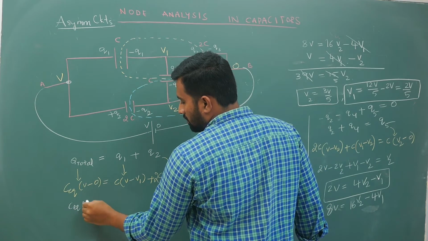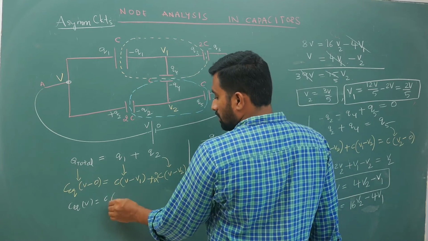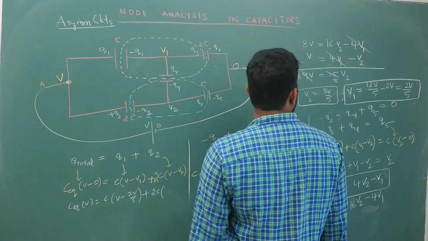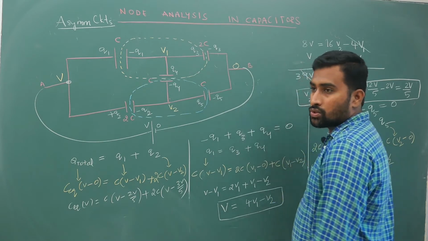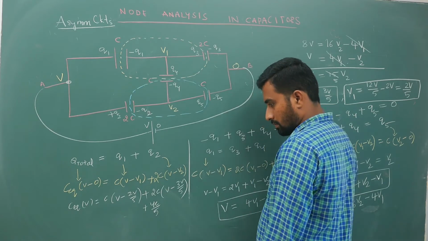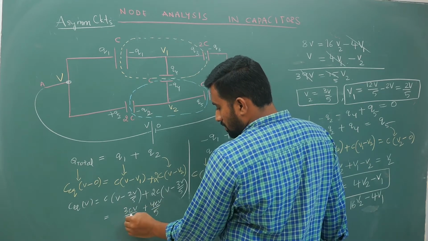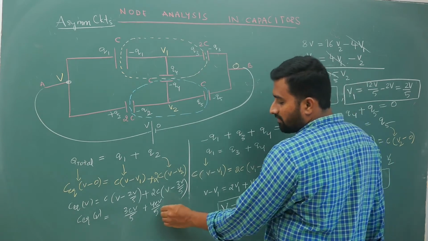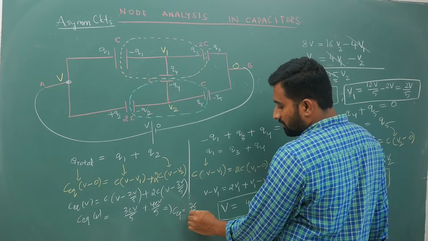So C equivalent times V is C times V minus V1, that is V minus 2V by 5, plus 2C times V minus V2, that is V minus 3V by 5. So 2 twos are 4, you get 4C by 5 plus 3C by 5, so C equivalent times V is 7CV by 5. V will cancel off. Your C equivalent is 7C by 5.